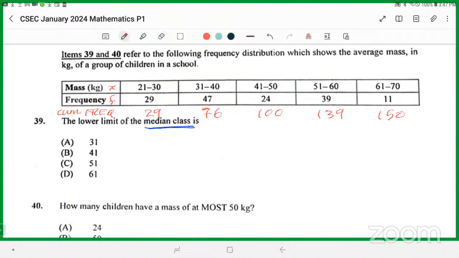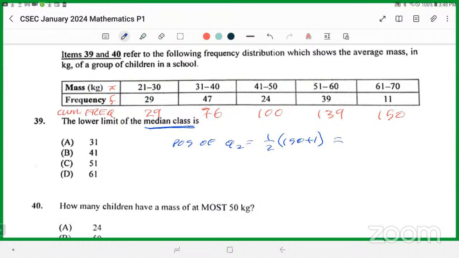I want to know where the median is. The position of the median, Q2, would be half of the n plus 1 term. So it's half of 150 plus 1, half of 151.